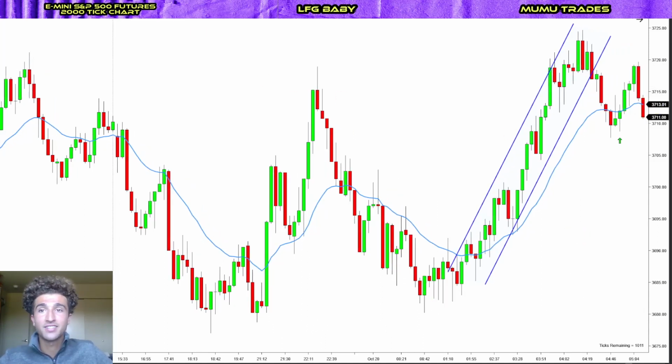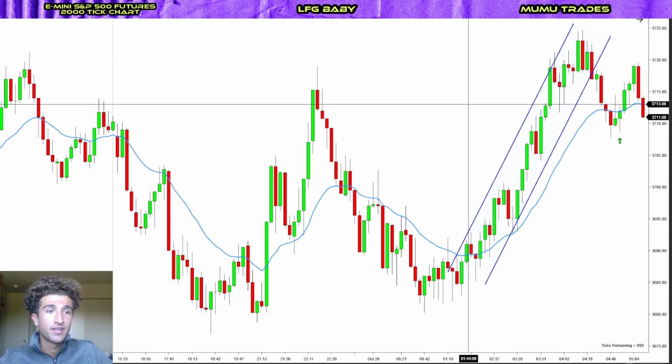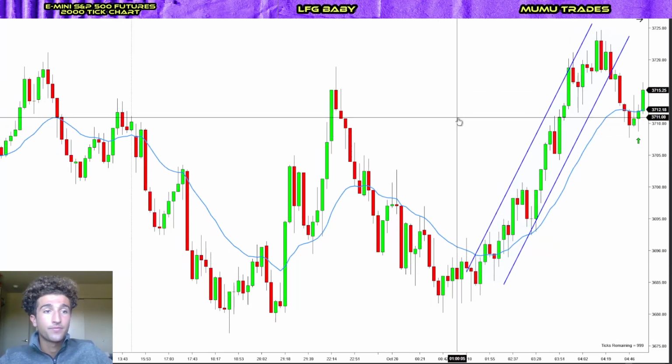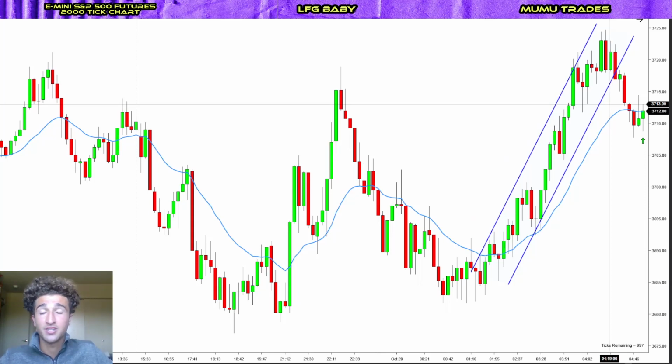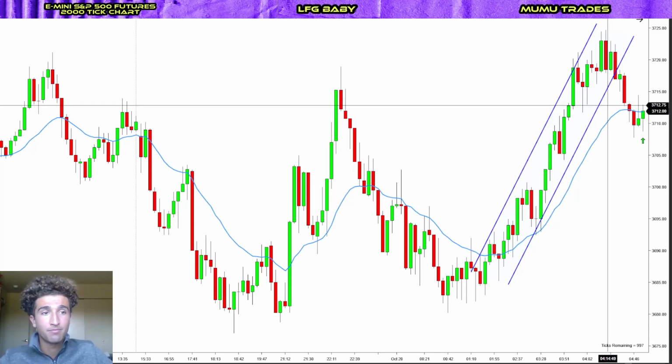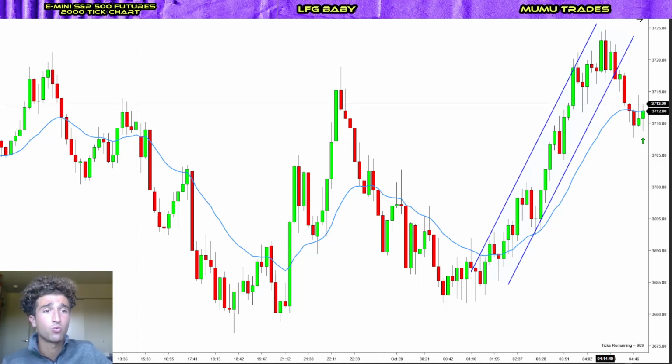So in this case, we're going to go long 1 tick above this signal bar if you're using a market order, or 1 tick below if you're going to try to sneak in with a limit order and get a little better price. But all we're looking for is a 1 point move.